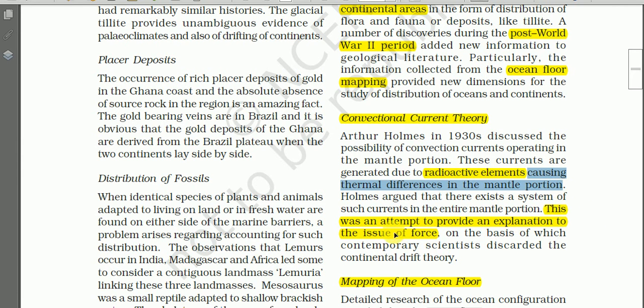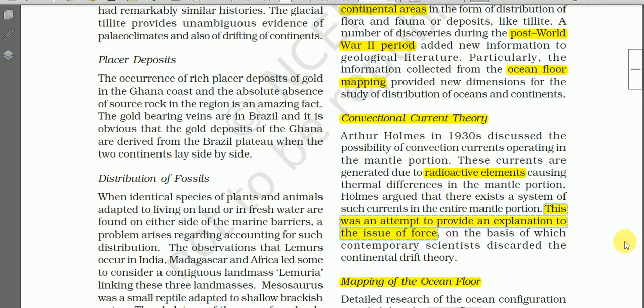Holmes argued that there exists a system of such currents in the entire mantle portion, and this was an attempt to provide an explanation to the issue of force, on the basis of which contemporary scientists discarded the continental drift theory.